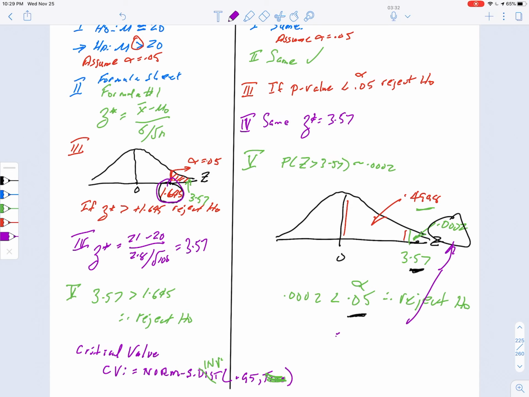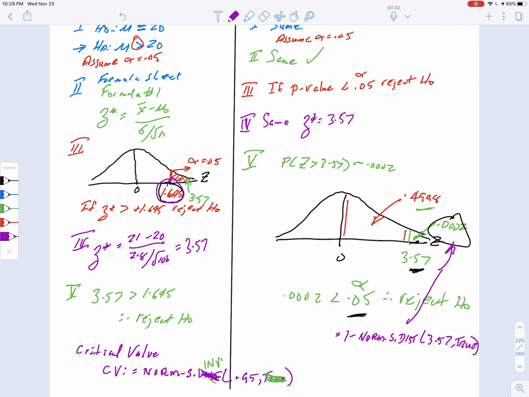For the p-value, you use a dist function. So this right here, let me do it down here, would be, let's see, we're going from some point up. So it would be 1 minus norm.s.dist, 3.57 true.